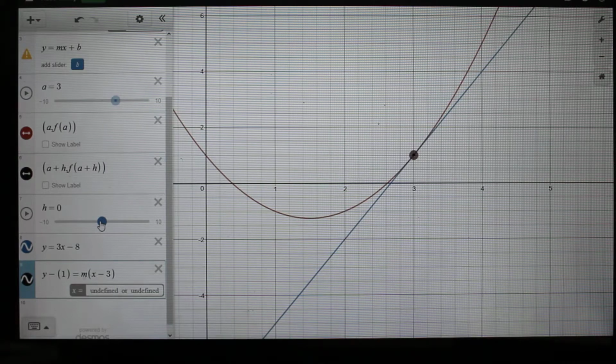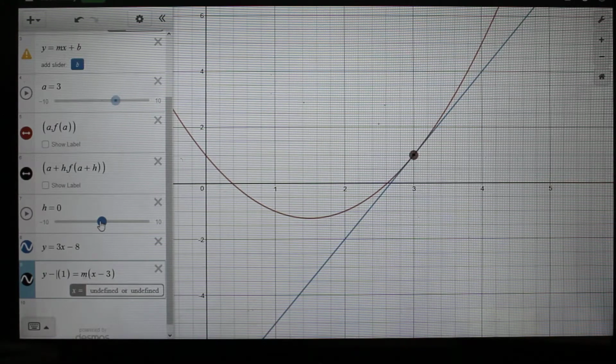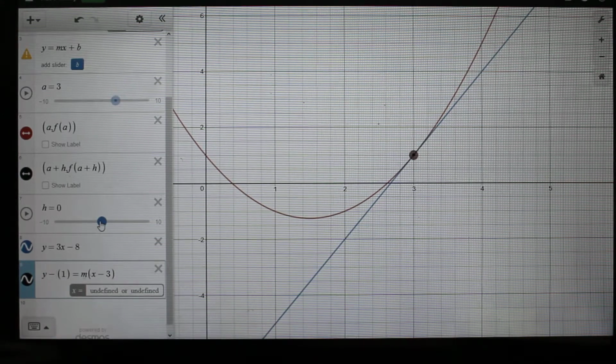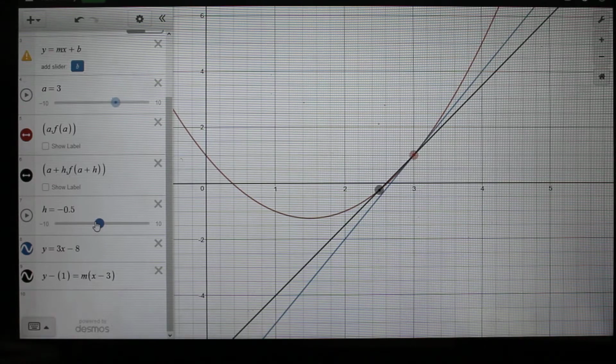So that is why, when solving the IRC, m is equal to the limit as h tends to 0. Here h is not equal to 0, h moves towards 0. Your h is not meant to be 0, because when it becomes 0 it becomes undefined.